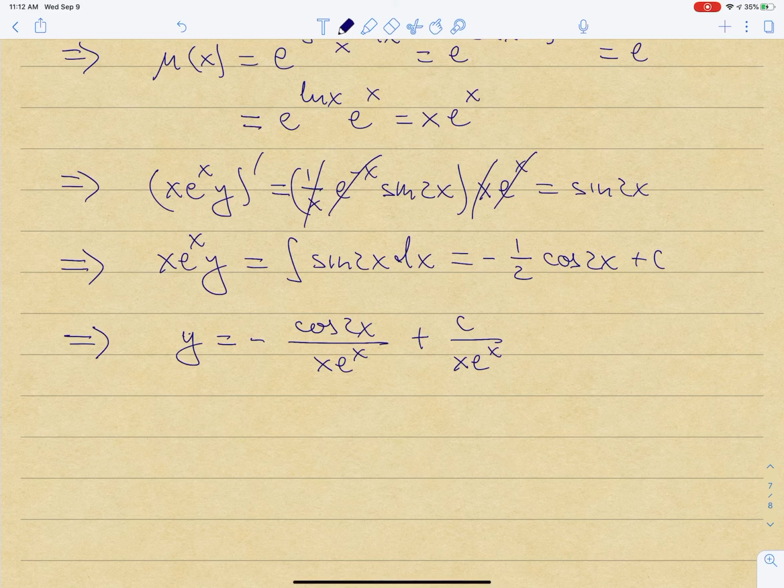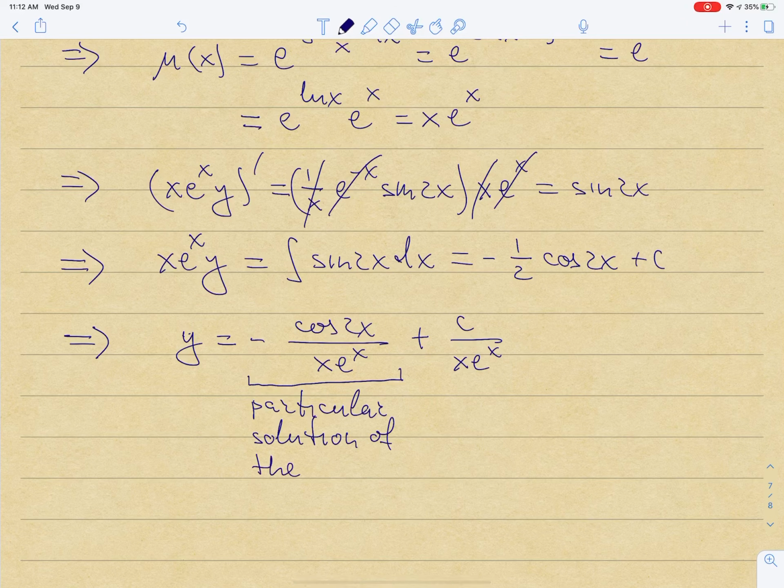All right, so this is my general solution, and per our discussion in the previous example, I do expect that this thing, which does not contain c, is a particular solution of the non-homogeneous equation of my original ODE.